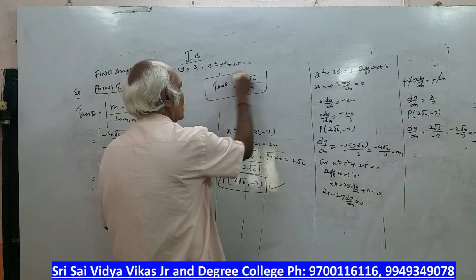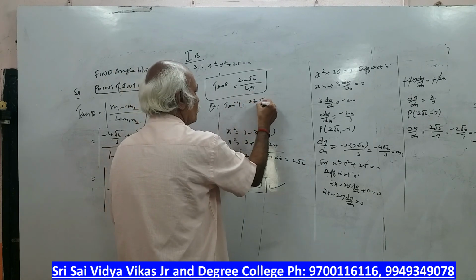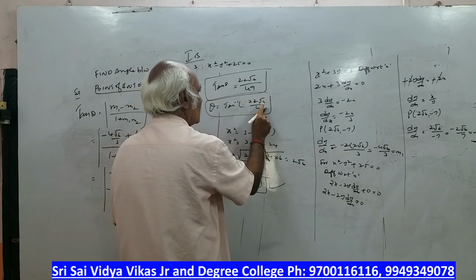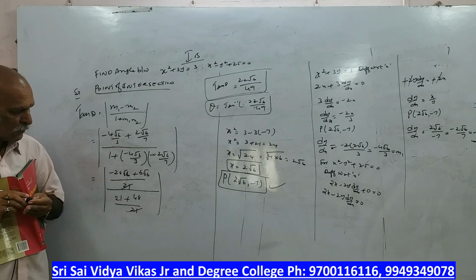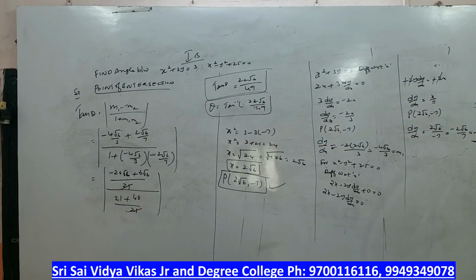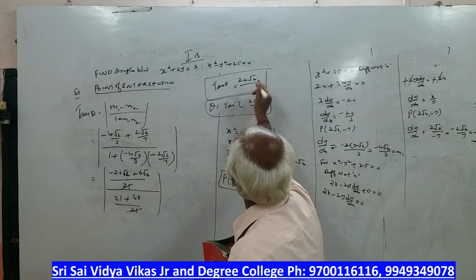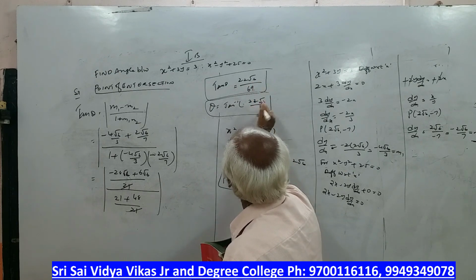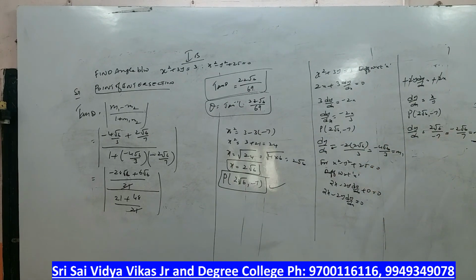This angle theta is equal to tan inverse of 22 root 6 by 49. Okay, a small mistake is there: 21 plus 48 is 69, so it becomes 69.